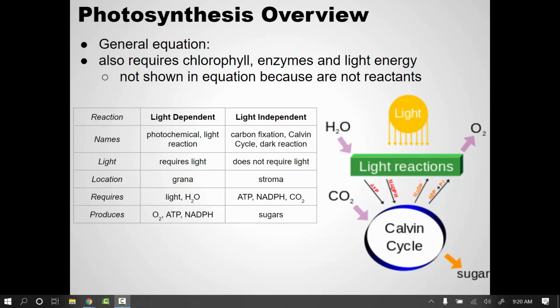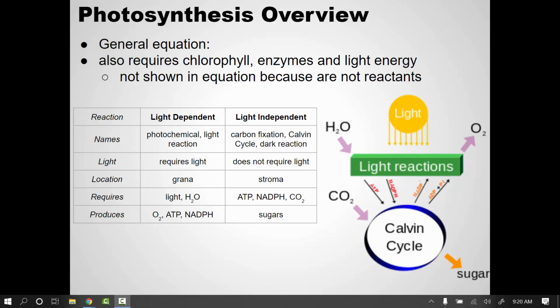Now it's Alex? No. David. H2O plus CO2 with light energy equals oxygen.